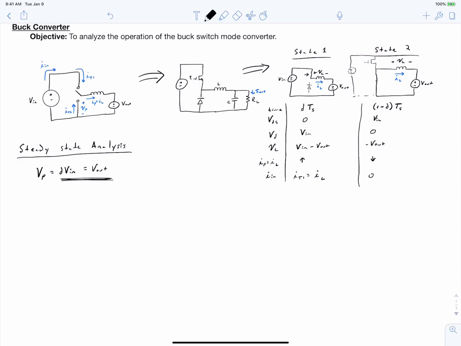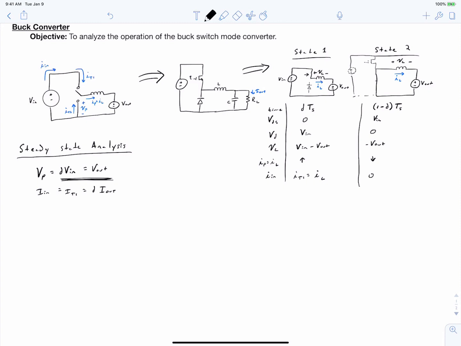If we know what we want for our output voltage and our input voltage is specified, we can calculate our duty ratio as Vout divided by Vin. We can determine the average of our input current as being equal to the average of the throw 1 current, which is clearly equal to our duty ratio times the average of our output current, or the average of our inductor current.